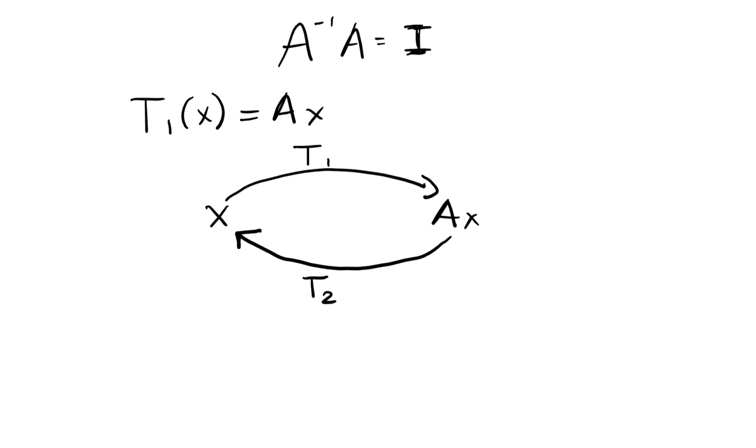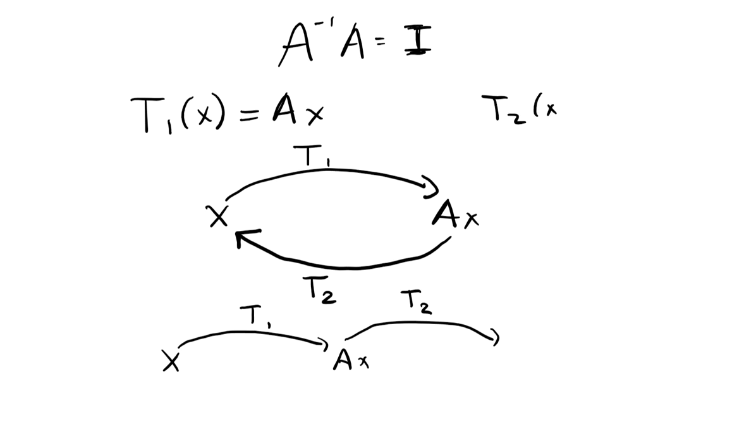Maybe I can illustrate it like this. I've got T1, Ax, and I've got T2. Now you can assume, for example, that T2 here is the matrix Bx.